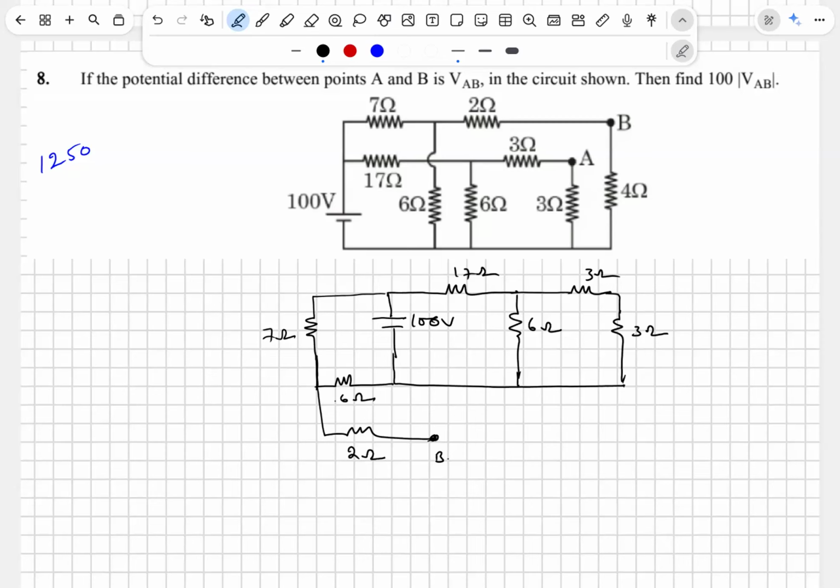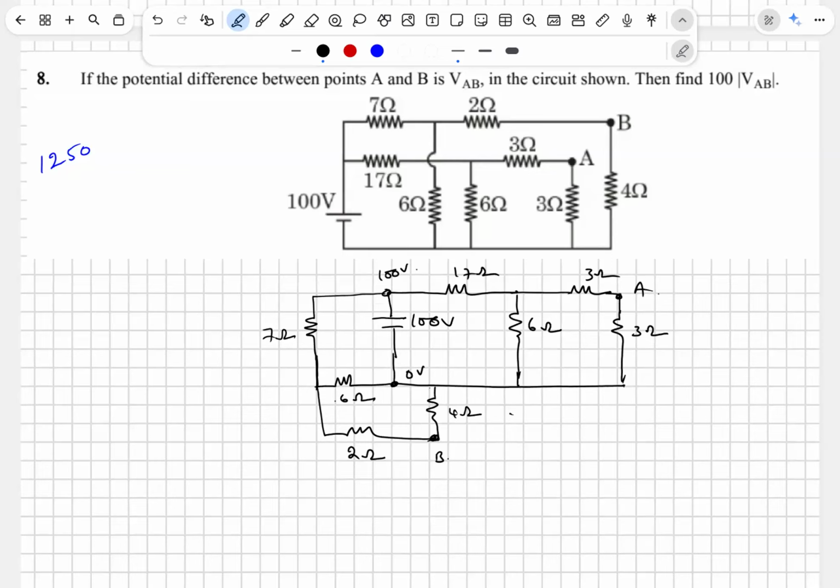Here is your B. Here is your A. From B, 4 ohm again connected to this. Try to see that this is 0 volt, for example. Then obviously this will become 100 volts.